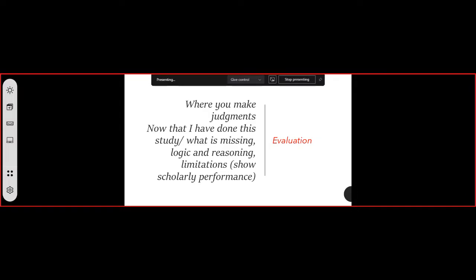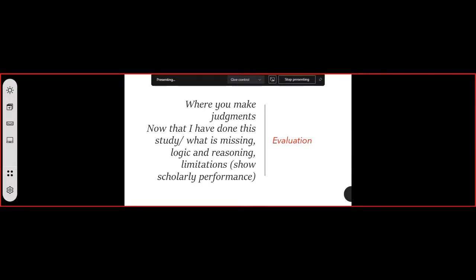Either you need to argue them with evidence, or if you are using a judgment or a claim by another author or their study, then please reference it as such. So in your evaluation, you can often now find what the potential limitations are, what the gaps are that you've maybe found as you reviewed your literature.